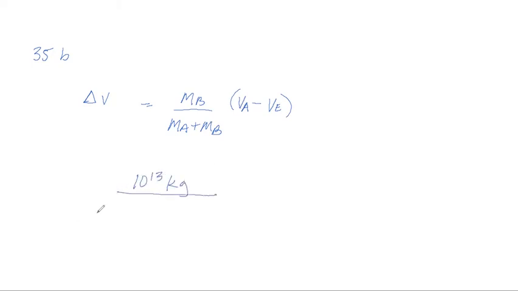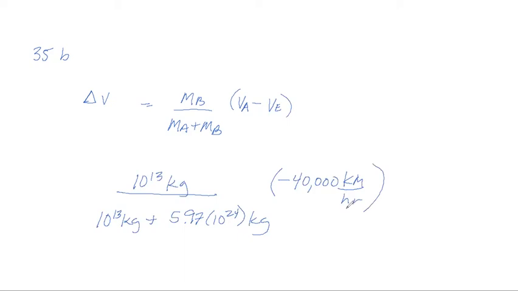And now we've got to use the mass of the Earth. 10 to the 13th kgs plus, I think it's 5.97 times 10 to the 24th kg. And then that's going to be a negative 40,000 kilometers per hour. And our answer is going to be negative 6.7 times 10 to the negative 8th kilometers per hour. And that's 8.35B.